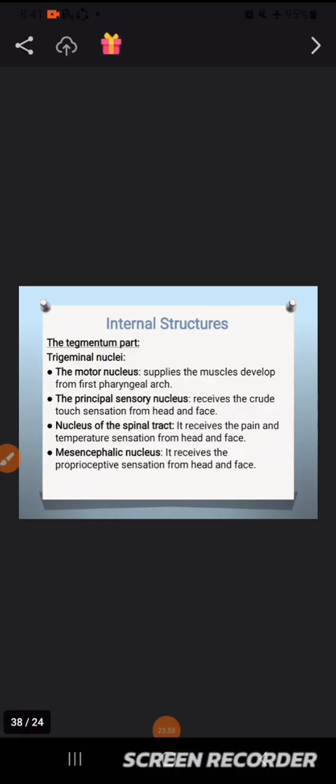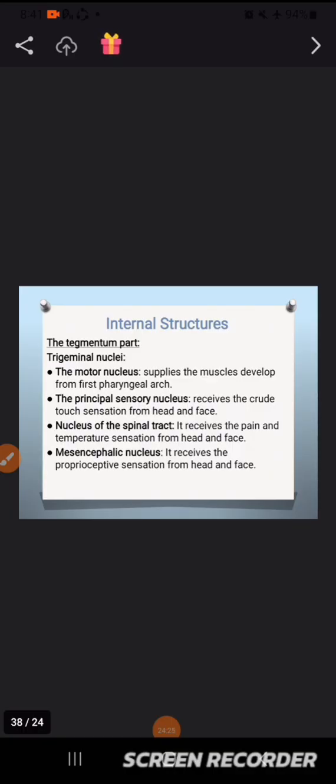The motor nucleus supplies the muscles developed from the first pharyngeal arch. The main sensory nucleus receives the sensation from the head and face concerned with touch, crude touch. The spinal nucleus receives the sensation concerned with pain and temperature.